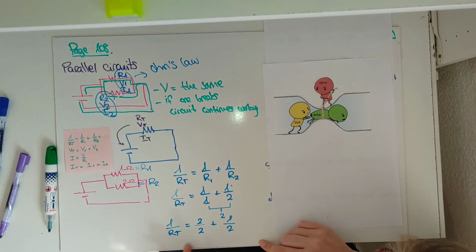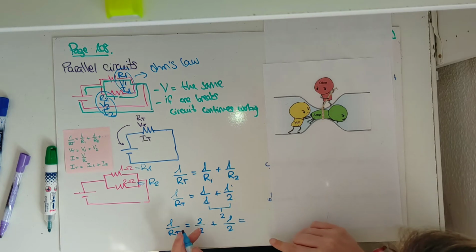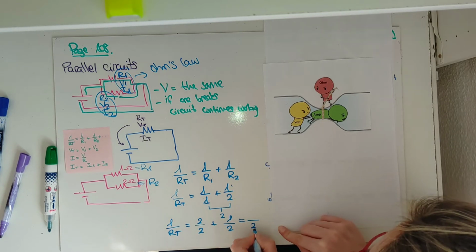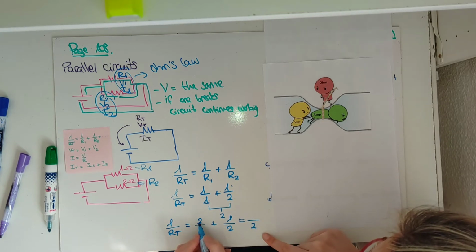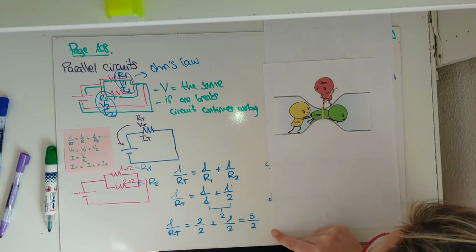Now I sum them. This is 2 and this is 2 plus 1 is 3, okay.